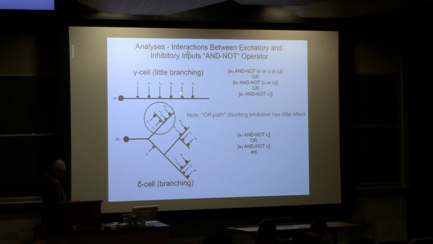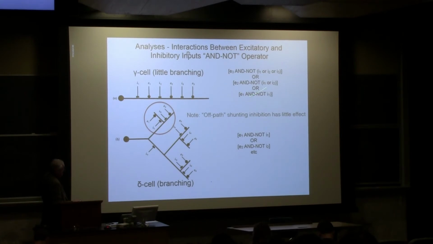But I3 is not on the direct path. It's behind E2. So I3 doesn't appear in this relationship. It's not effective at vetoing the charge that flows towards the soma, so it doesn't appear here, right? And then, of course, there's the remaining excitatory input, so we have or E1 and not I1.